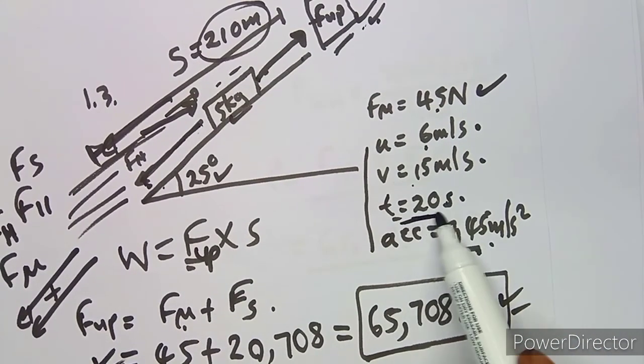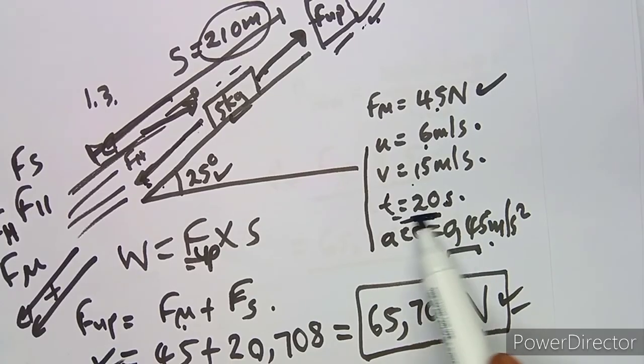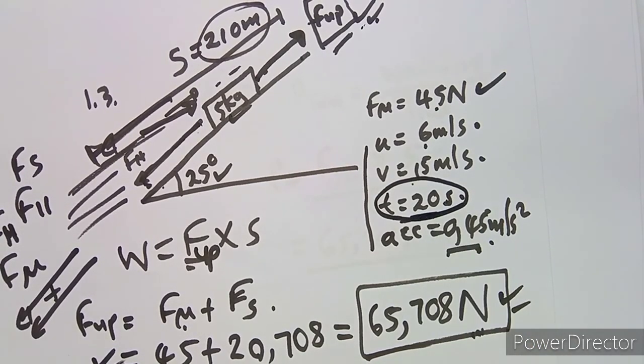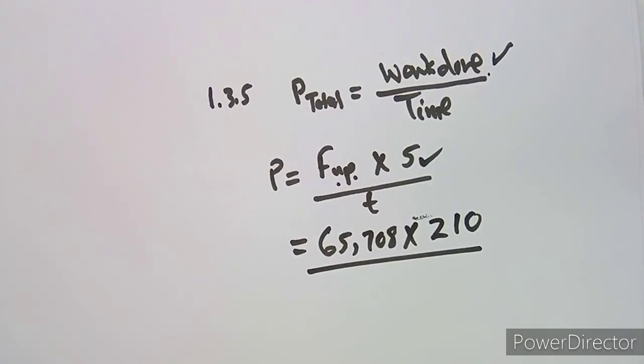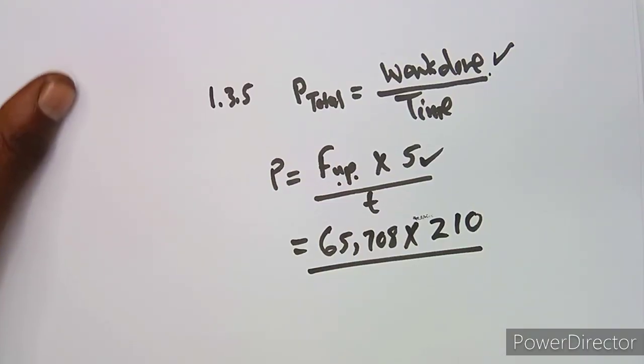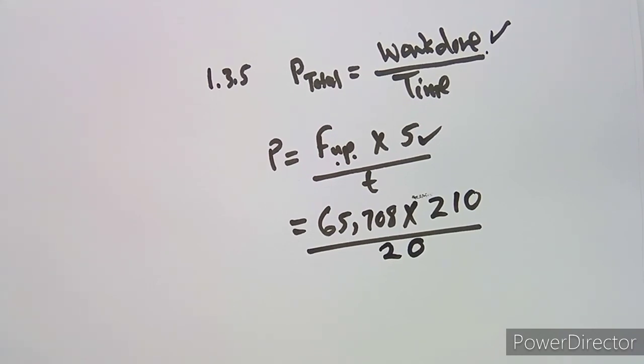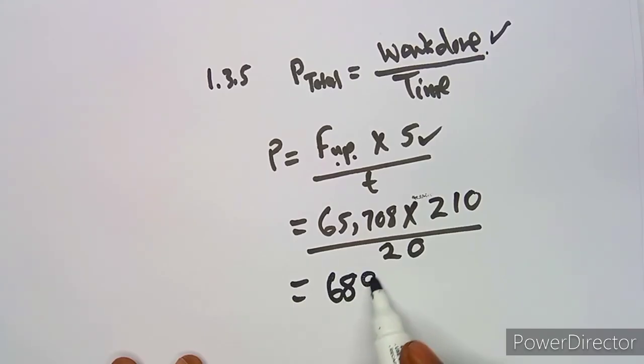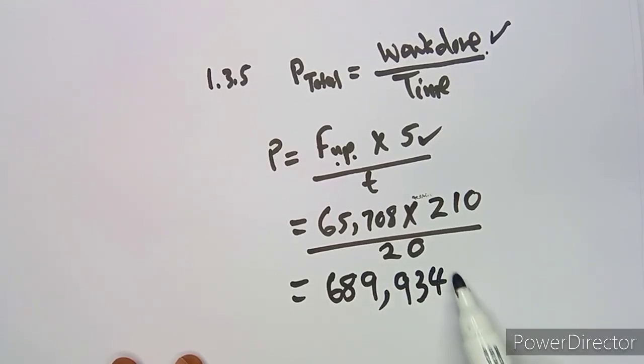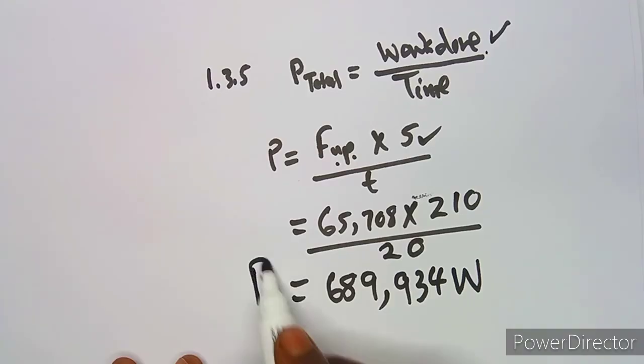We already have the time for this period, which is 20 seconds, so you've got to divide by 20. Remember, time is supposed to be in seconds when you're calculating power. You multiply, then you divide, and you're going to obtain a power of 689,934, which is in watts.